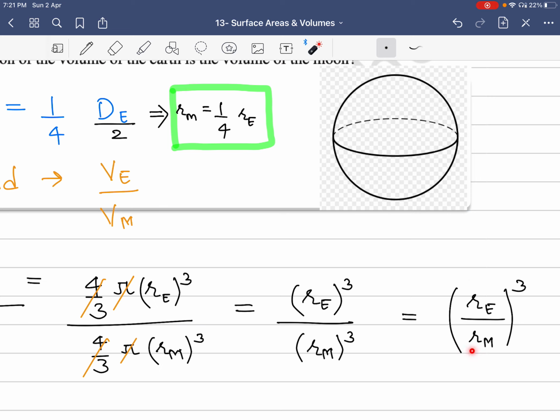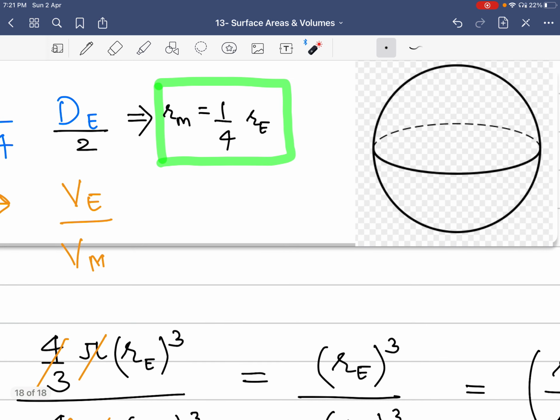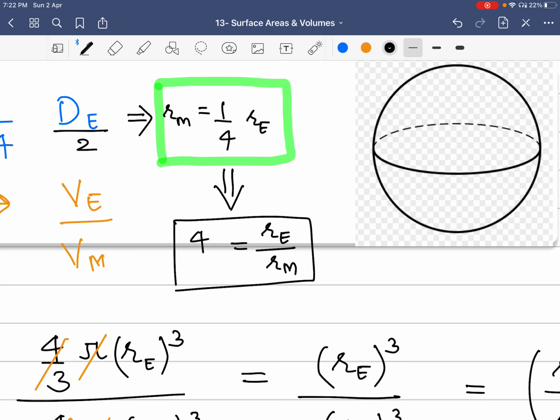We can just rearrange and write r of e divided by r of m is going to be equal to 4. This is the relationship: r of e divided by r of m is going to be equal to 4.